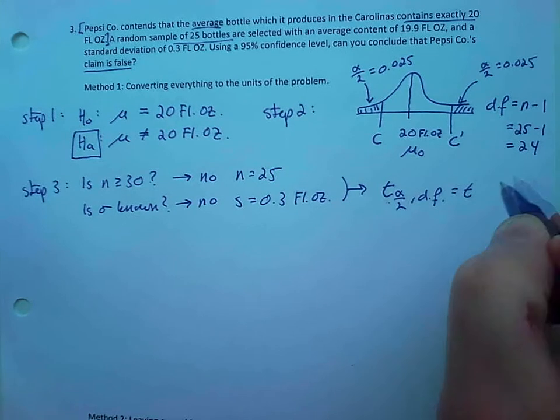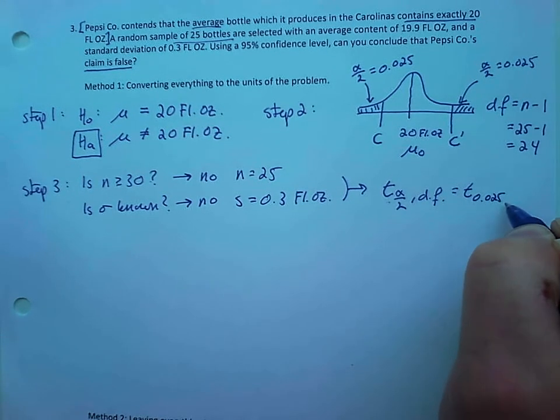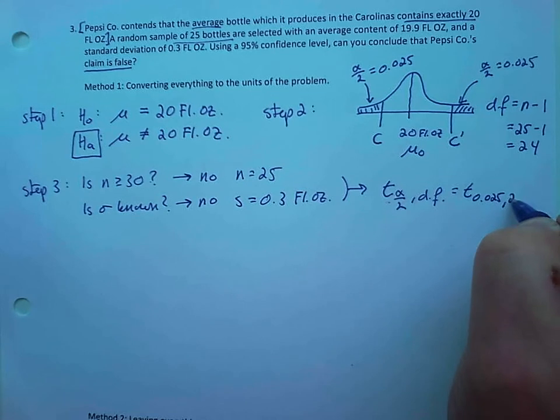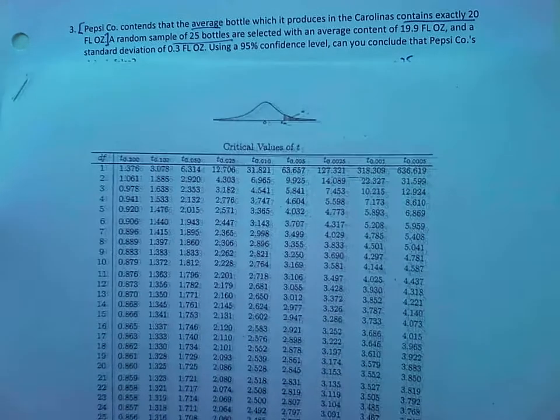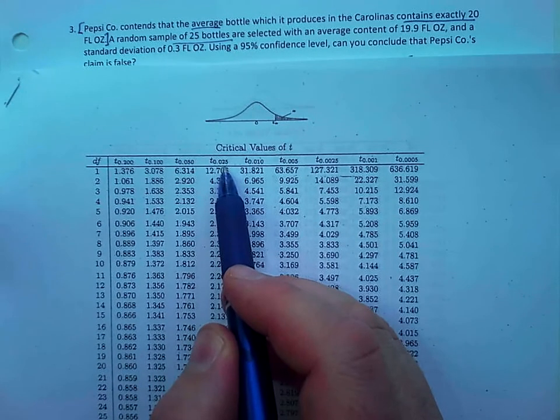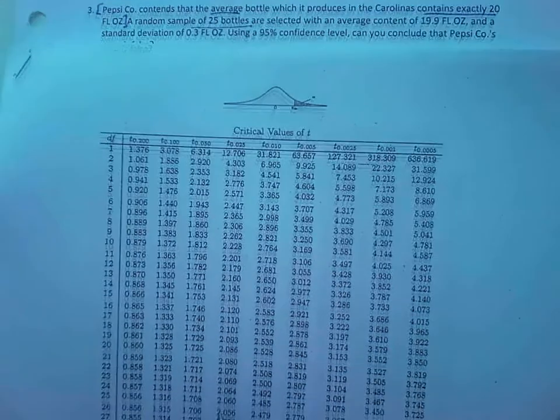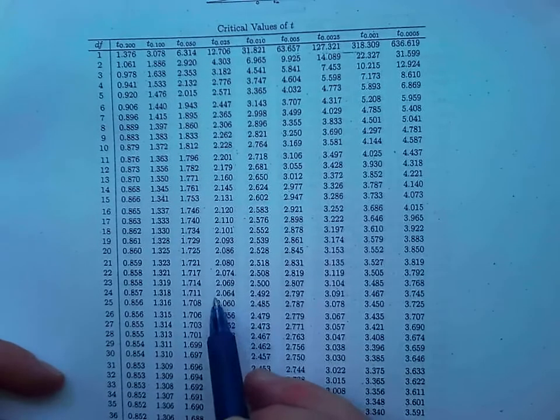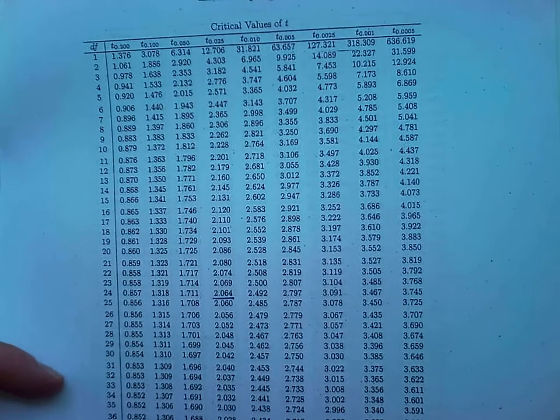So therefore, we're looking for a t value that has an alpha divided by 2 of 0.025 with 24 degrees of freedom. We can go to our t table, come over to the column that has 0.025 as its subscript, come down to 24 degrees of freedom, and we get the value of 2.064.